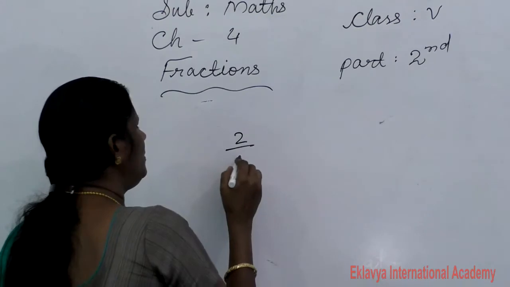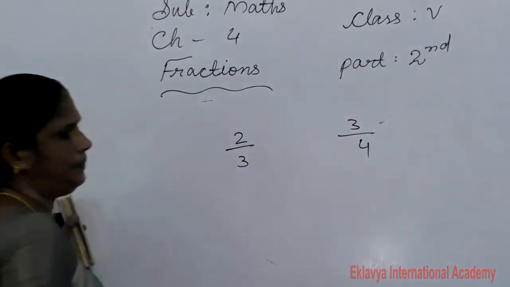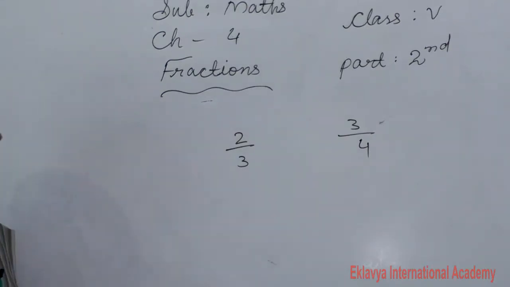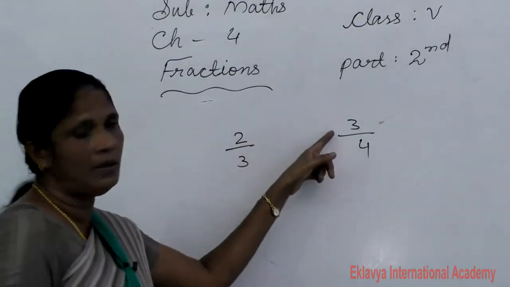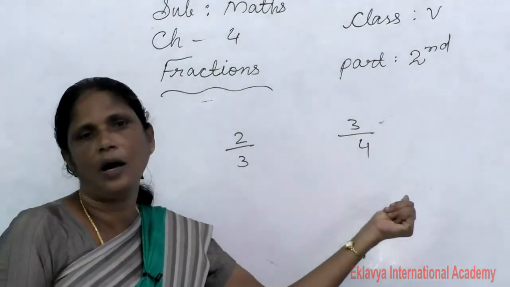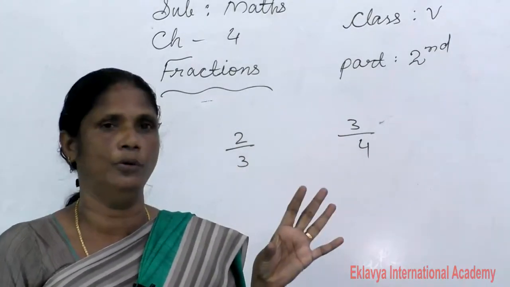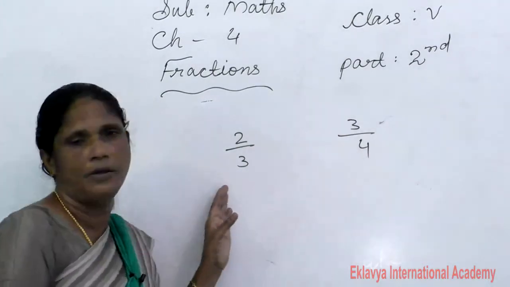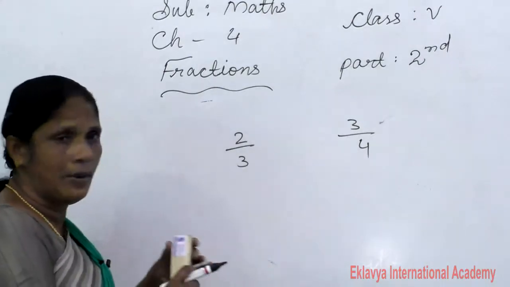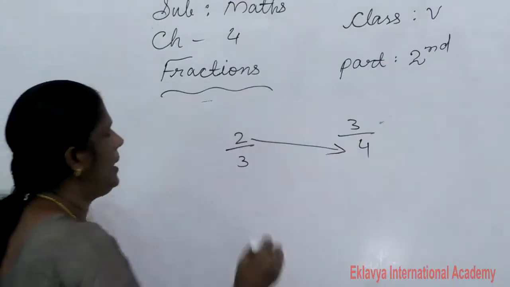2 upon 3 and 3 upon 4. Here the numerators are different, and denominators are also different. How to compare? First, cross multiply this.